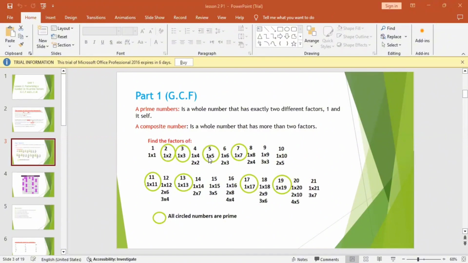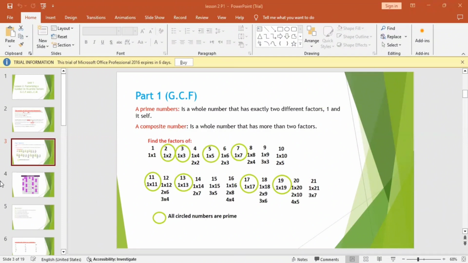Number 5, 1 times 5, 2 factors, one of them 1, and the other is 5 itself. 6 has 4 factors: 1, 2, 3, and 6. It's a composite number, not a prime. And so on, 7, 8, 9, 10. All the circled numbers are prime.